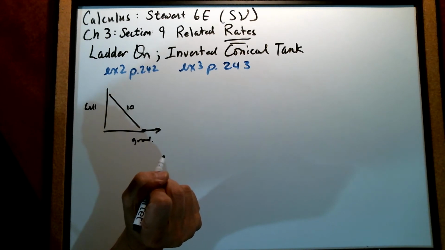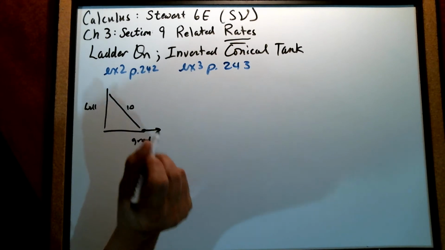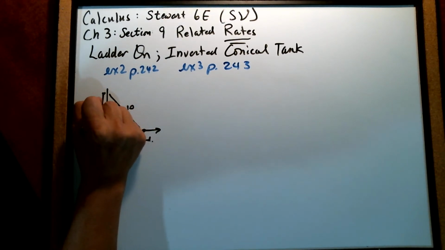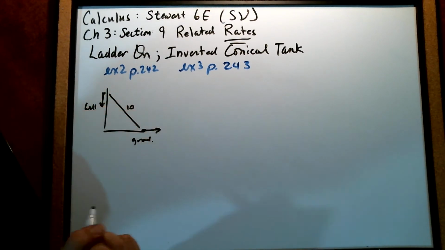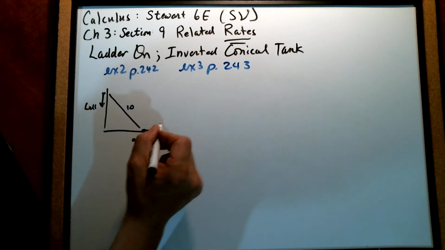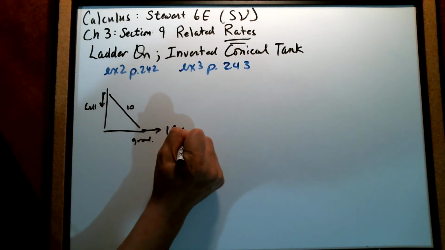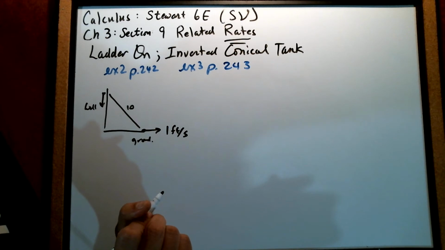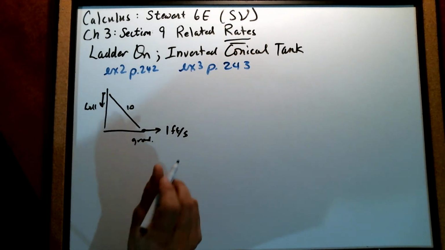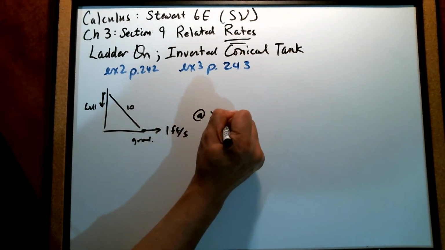The bottom of the ladder is 6 feet away from the wall. So I'm looking for how fast this is sliding down when this is sliding 1 foot per second. Yes, and it's 6 at x equals 6.